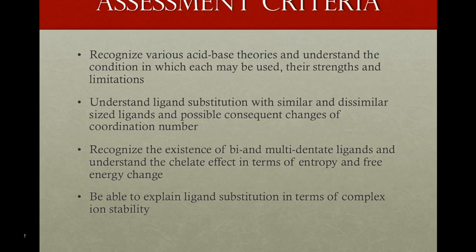We're going to recognize the existence of more than unidentate ligands and understand a topic called the chelate effect. And we're going to be able to explain ligand substitution in terms of complex ion stability.